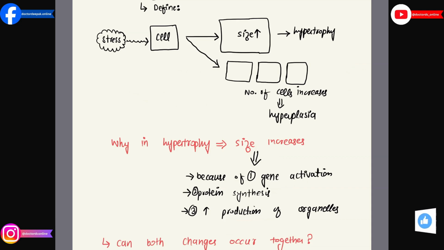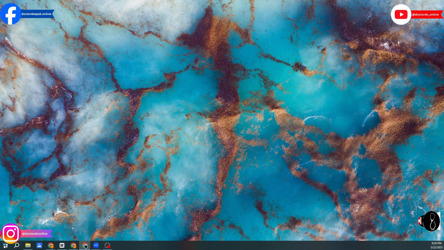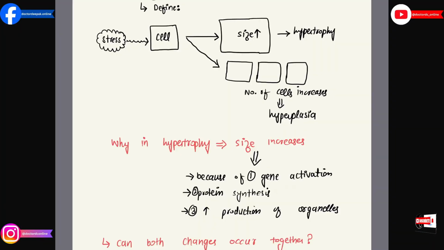Now here is one more important point. Whenever they ask how the uterus will increase its size during pregnancy, you have to pick both hypertrophy and hyperplasia. The uterus will undergo hypertrophy and hyperplasia both together. So please keep this in mind.